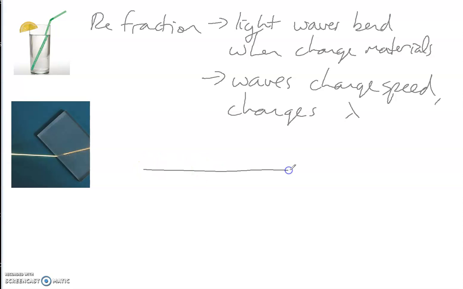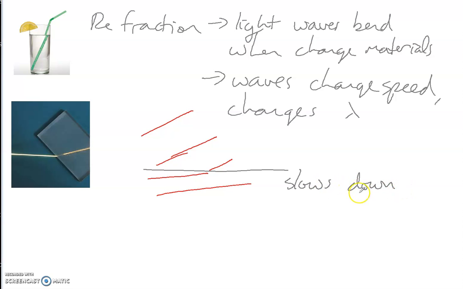Let me map things out a little bit here. When that wave comes in, I'm just going to draw something like this. I know it's kind of at best wrong, but when it hits that second material down here, it actually slows down. And this part right here is sort of left behind.